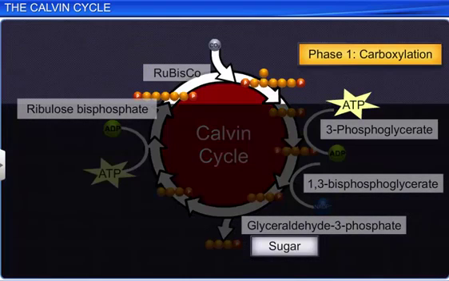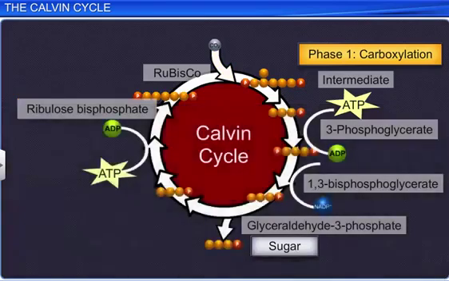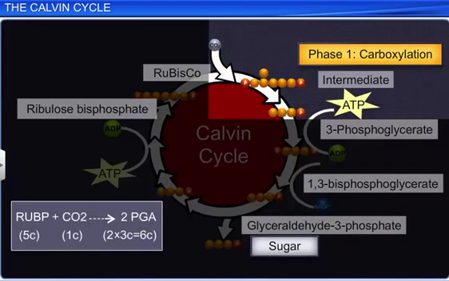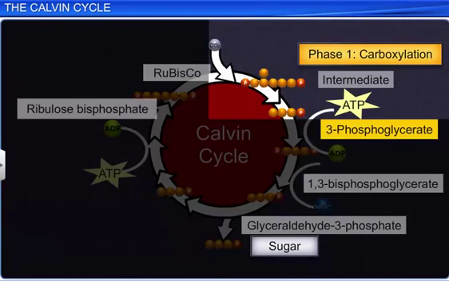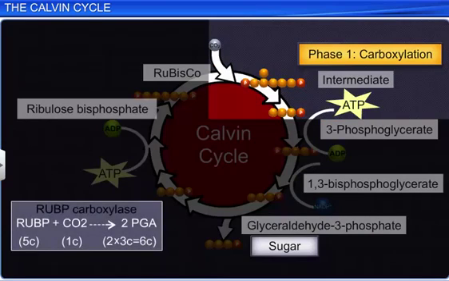In carboxylation, a 5-carbon molecule, ribulose 1,5-bisphosphate, accepts a carbon dioxide molecule to form an intermediate 6-carbon molecule, which then splits to form 2 molecules of 3-phosphoglycerate. This reaction is catalyzed by RuBP carboxylase.